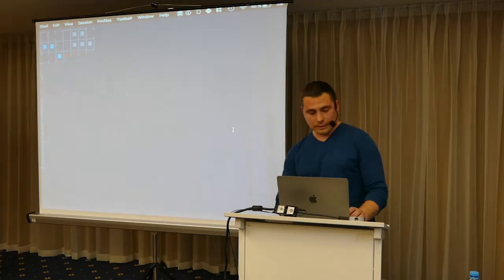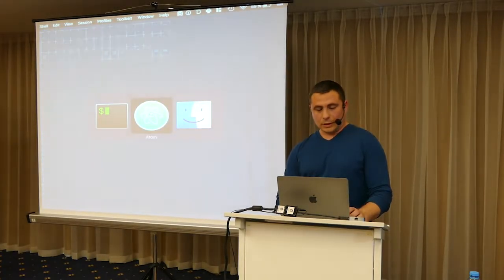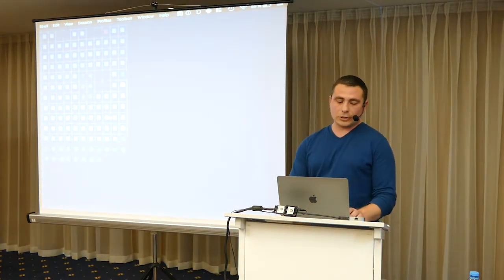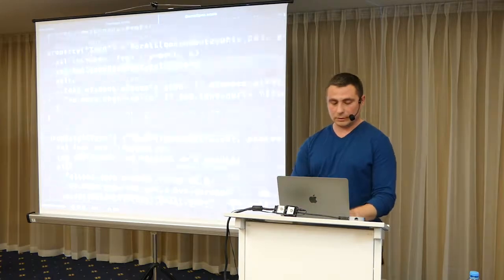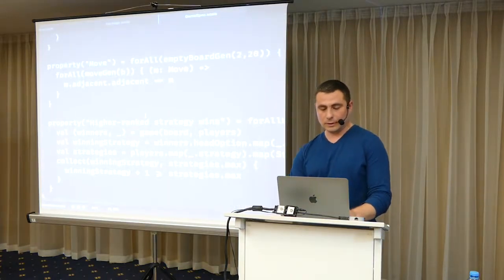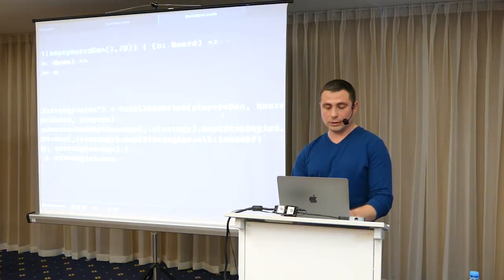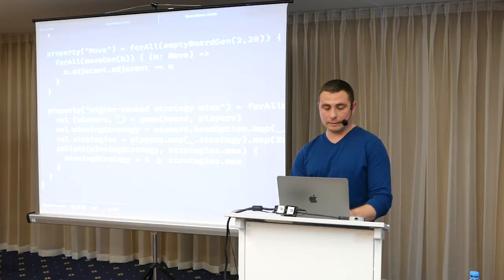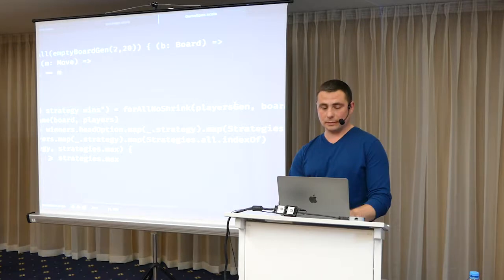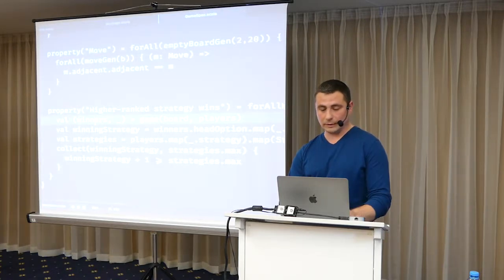And what's cool with that, you actually can define very complex properties. Like, for example, if you need to say which strategy is the best one, you can do this easily. You generate boards and players, and then for the players we generate random strategies, and then we let them play, and then we decide for ourselves which one should be the winning strategy.